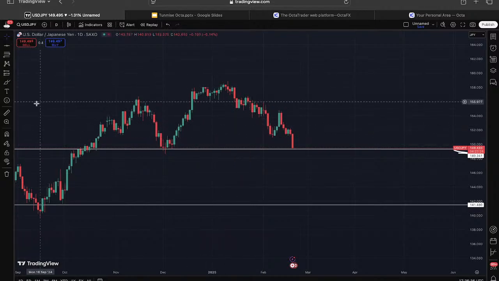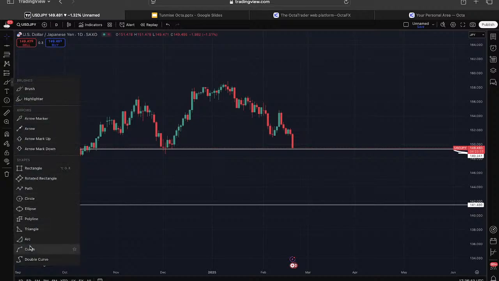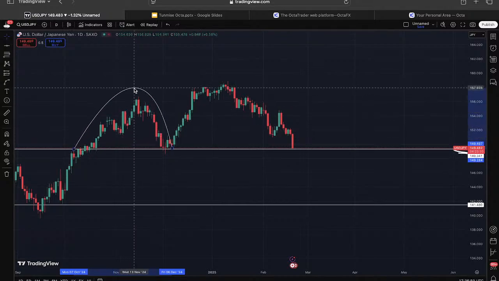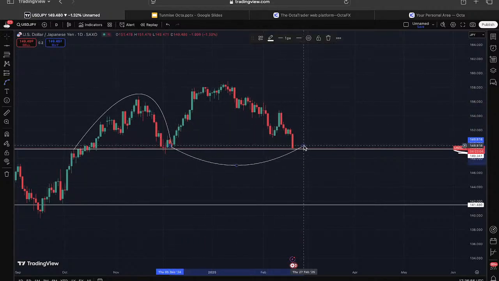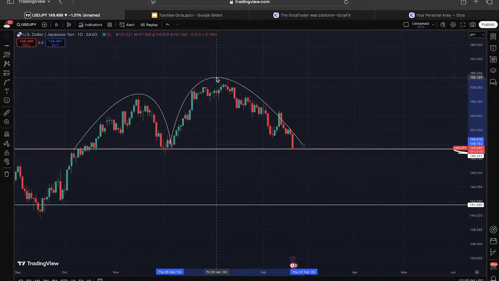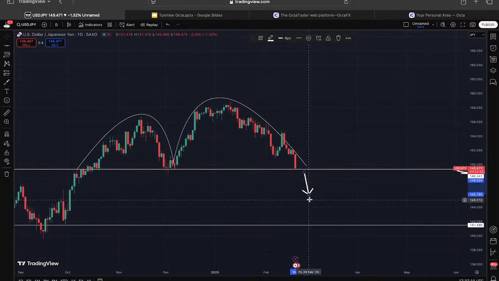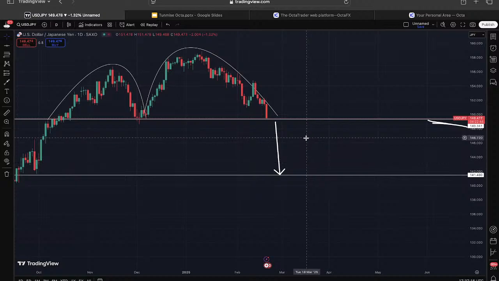With the way the market is structuring out, we might see a higher probability that a further drop in price is what we're going to see.